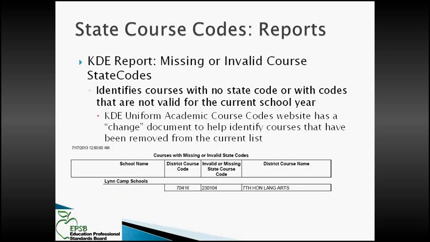This one on the screen is an example of that. The 7th grade Honors Language Arts course code is now actually just under the 7th grade Language Arts code. We removed all of the honors titles out of the state course code list a few years ago. So make sure that you use it. We do put on the KDE website every year a change document to help you identify courses that have been removed from the list or added each year.